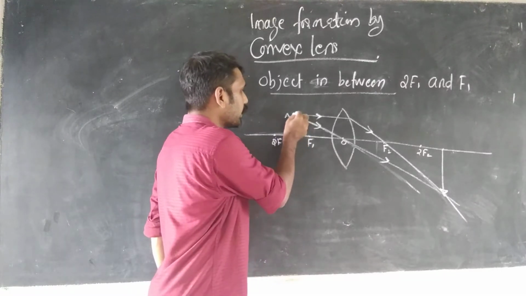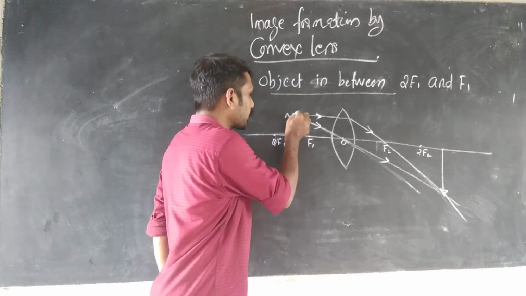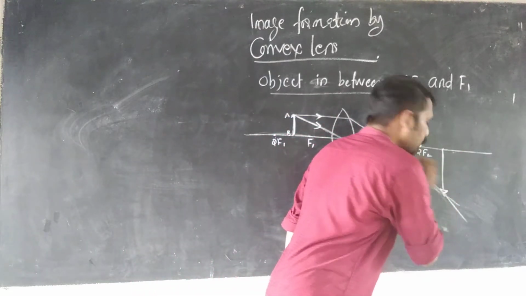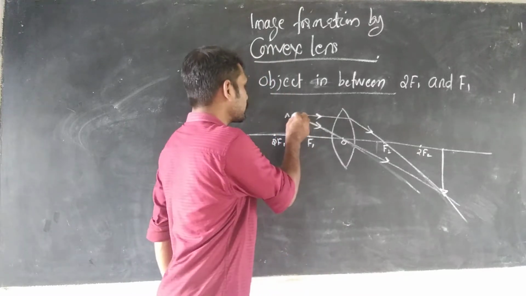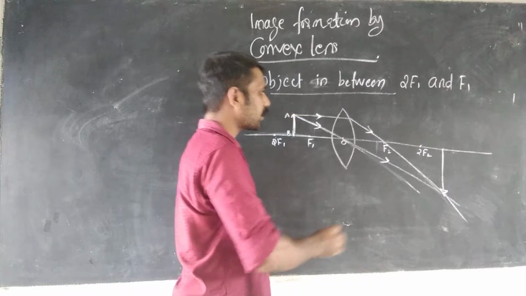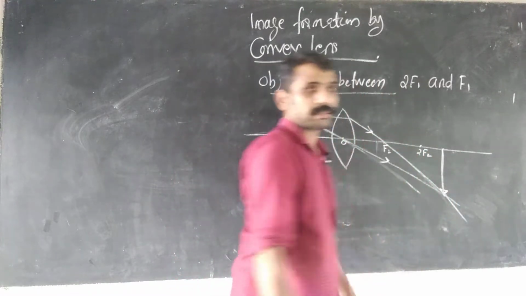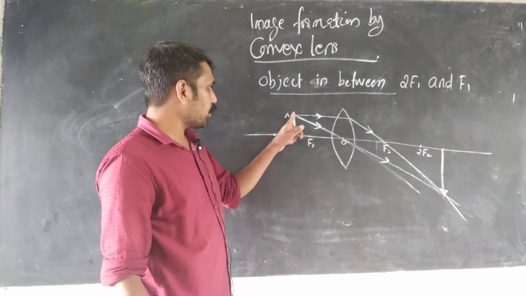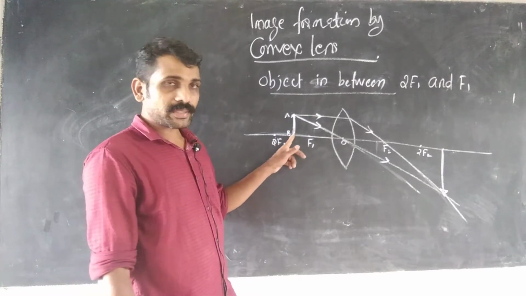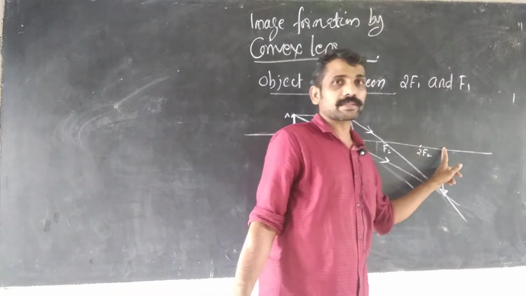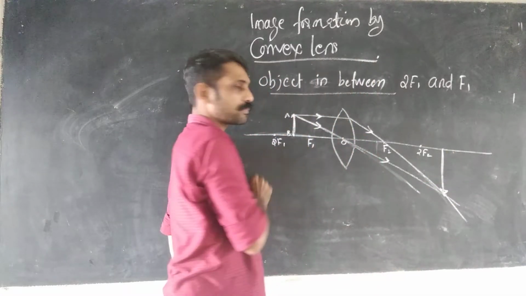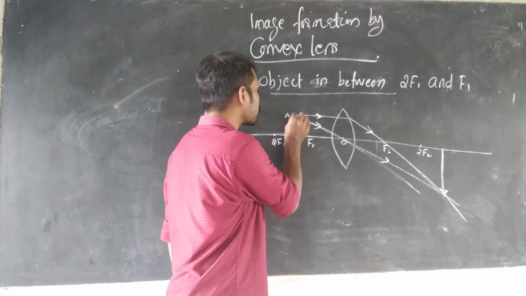The head and leg of the object form a straight line, and here also the head and leg of the image form a straight line. We can draw a straight line here and also here. So here the leg is on the principal axis, and the line connecting head and leg is a straight line.